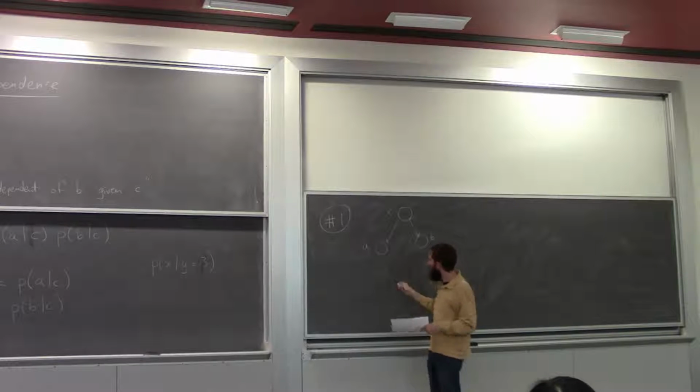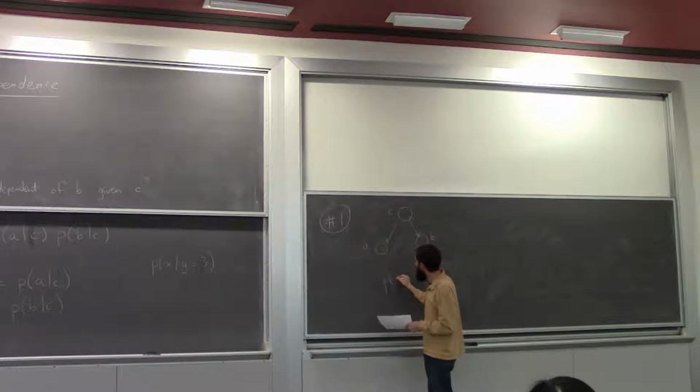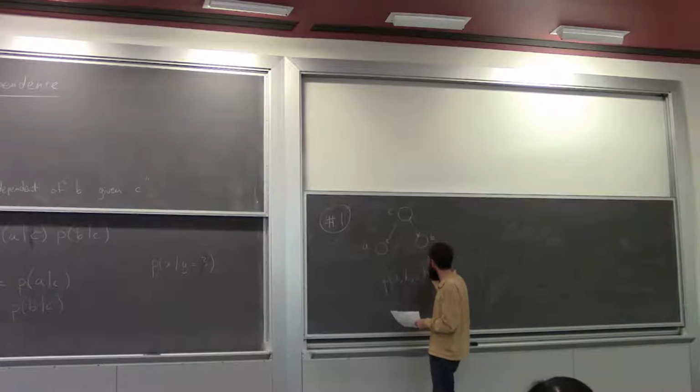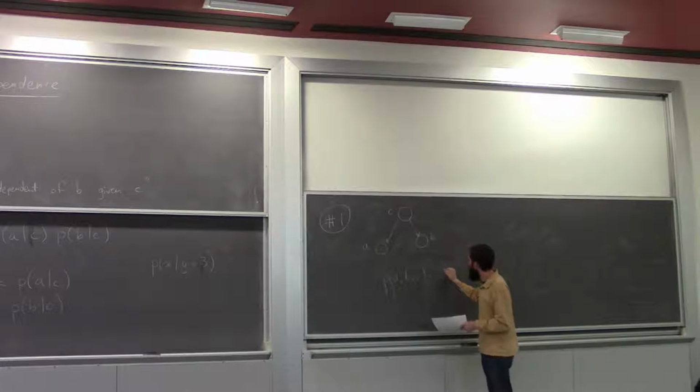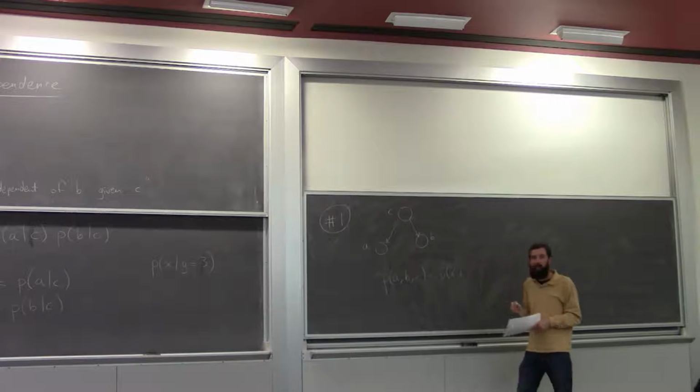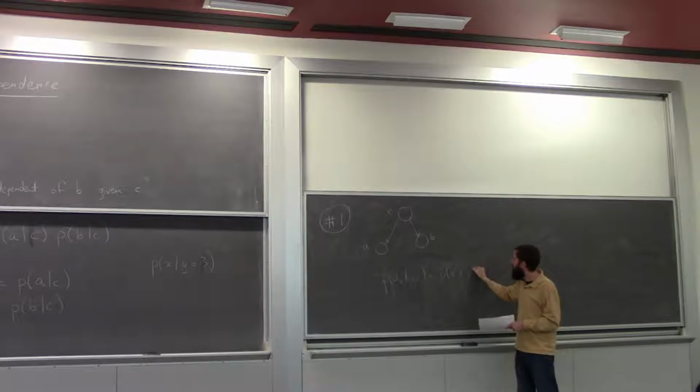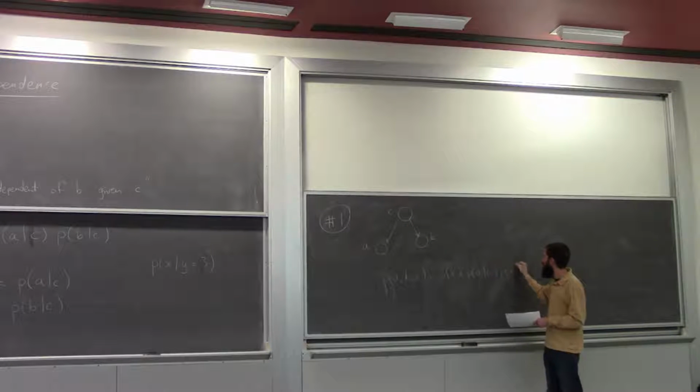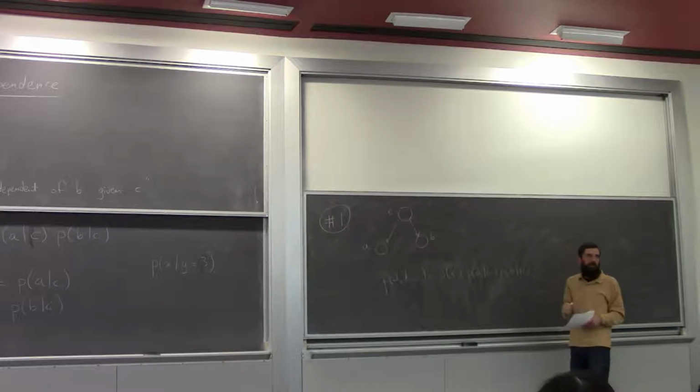So this graph tells us that the joint distribution of A, B, C is equal to P of C, which has no parents, times P of A given C, so A has one parent C, and then B is the same, P of B given C.